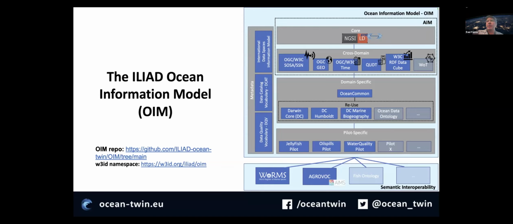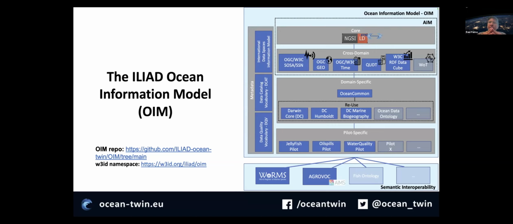We have some elements at the higher level, which are the cross-domain and of course the meta model layers. Then we have elements at the ocean domain, and then we have specific extensions for pilots. Additionally, the model has a metadata layer, and it also makes connections to different vocabularies that are available.